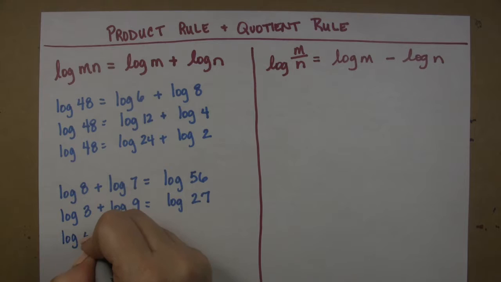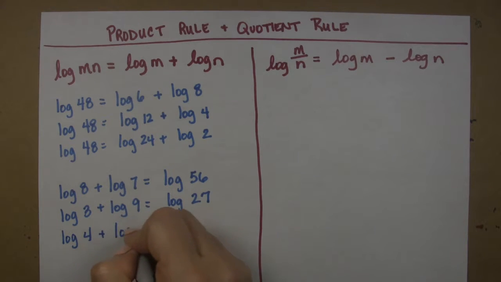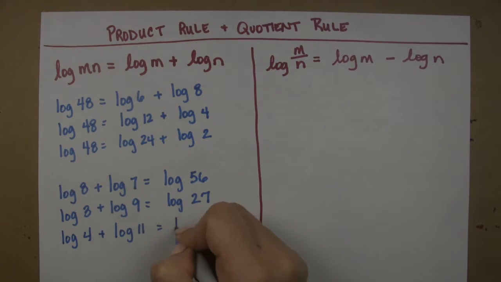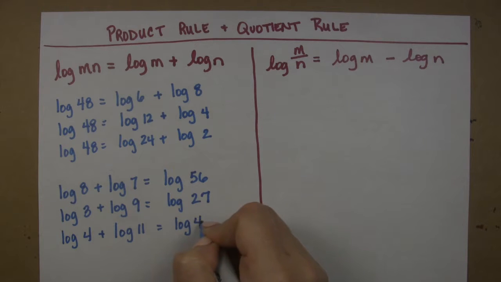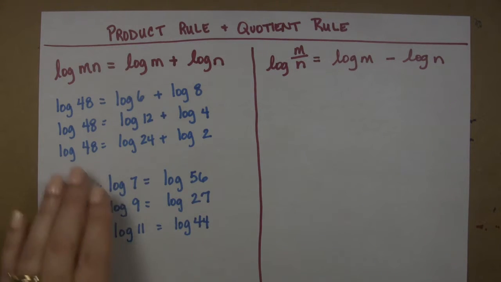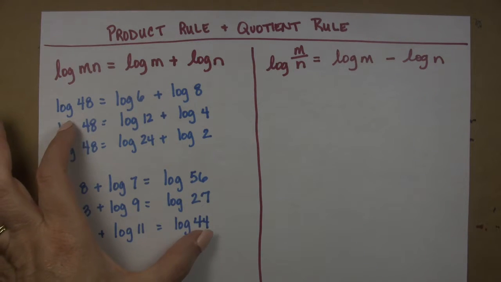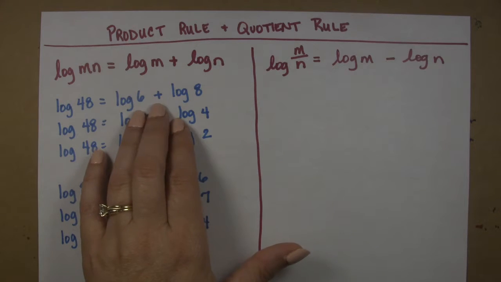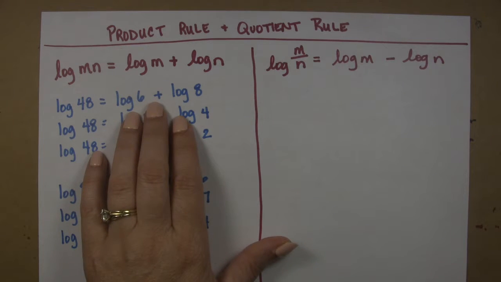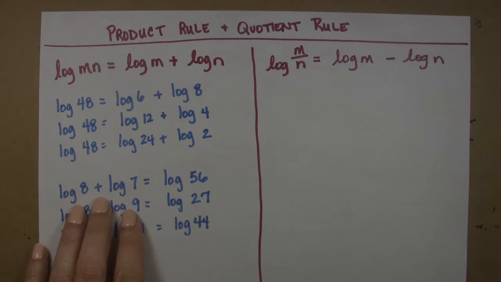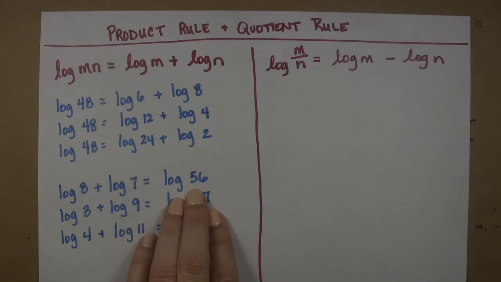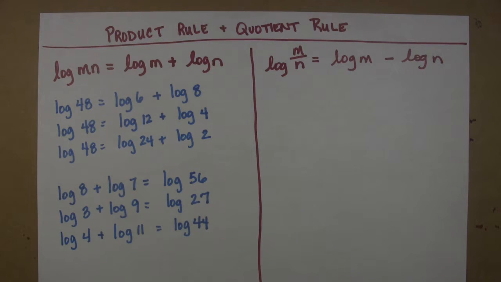And here we have the log of 4 and the log of 11, which you could combine to equal the log of 44. So this is just showing that you can take these big numbers and break them down into separate logs using the addition function. And here, if you have the addition function, you can multiply them together and have that work out.